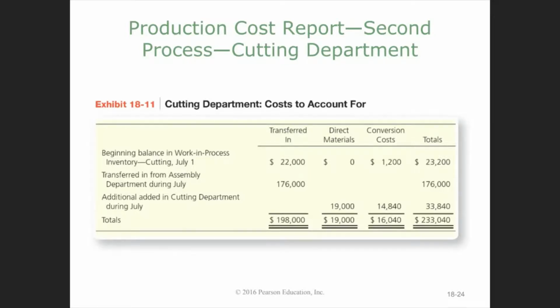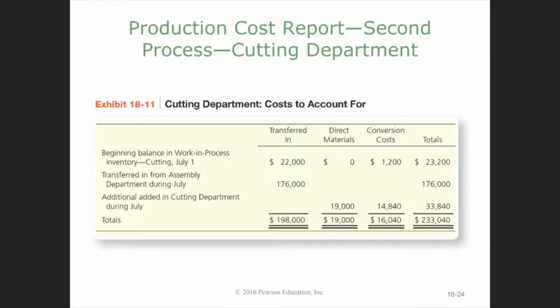Direct materials, we did not have a balance starting, but then we had an additional added in our cutting department during July of 19,000. So we ended with 19,000 in this example. And then our conversion cost, we began with 1,200. We had an additional 14,840, and that ended up giving us 16,040.